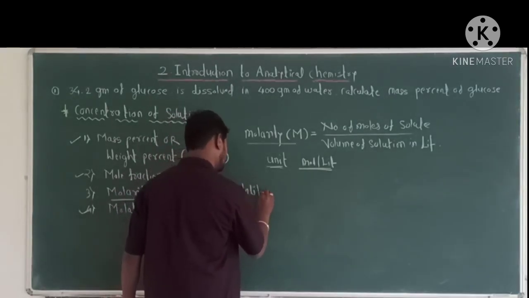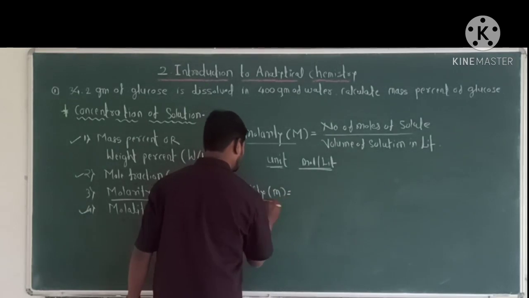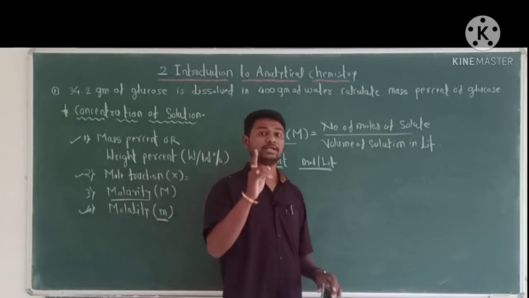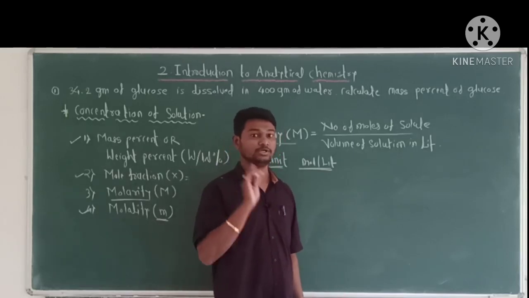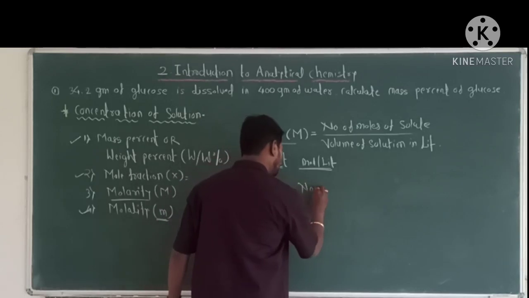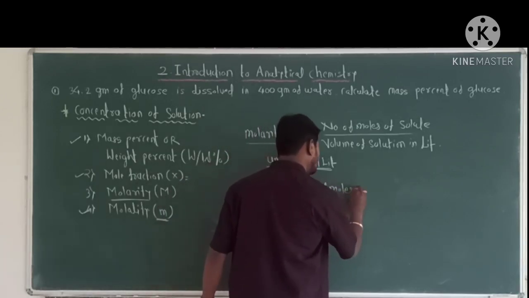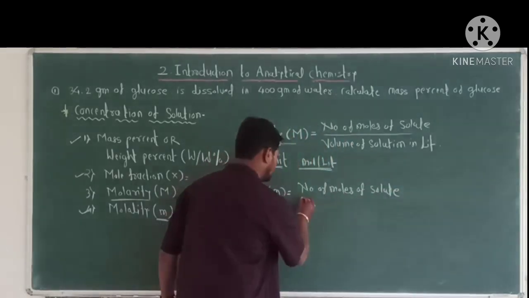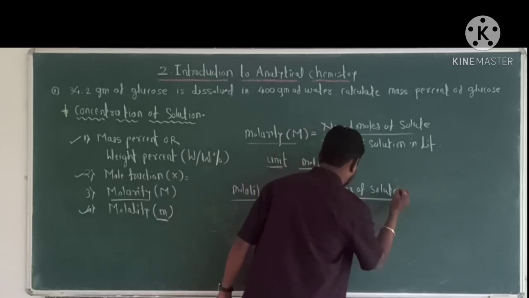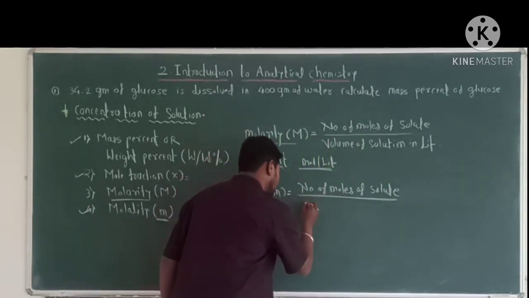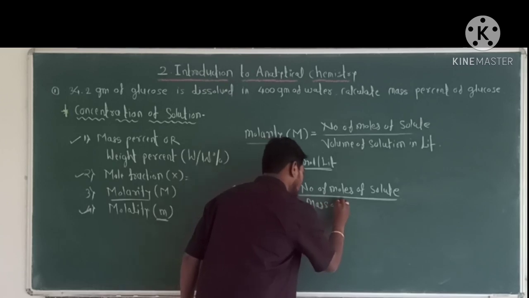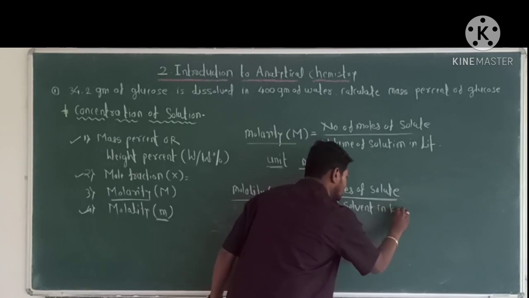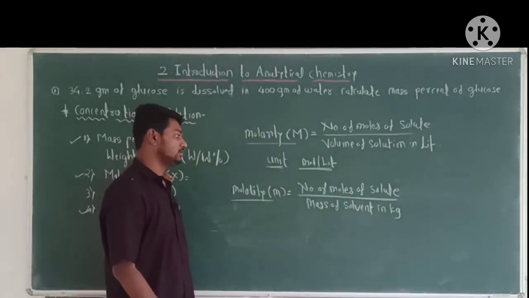The molality is the number of moles of solute present in 1 kg of the solvent, that is, number of moles of solute divided by mass of solvent in kg.